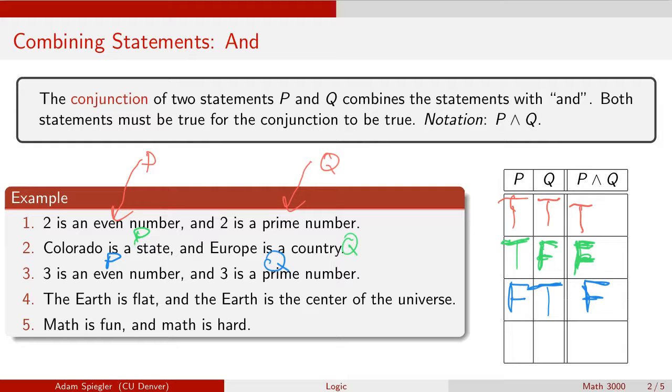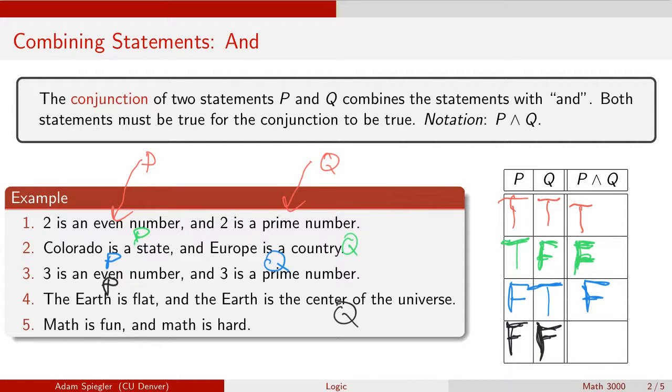And moving over to statement number 4, here we've got P is the statement the earth is flat, and Q is the statement the earth is the center of the universe. So the first statement, the earth is flat, that is not true. The earth is a sphere. The earth is the center of the universe, also a false statement.